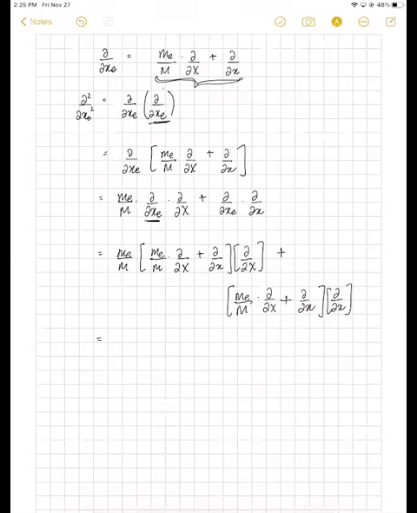And this is what we will get. We get me by M, the whole square, del 2 by del X2, plus, I'm now writing this term here, del 2 by del x2. And now write down the remaining terms.